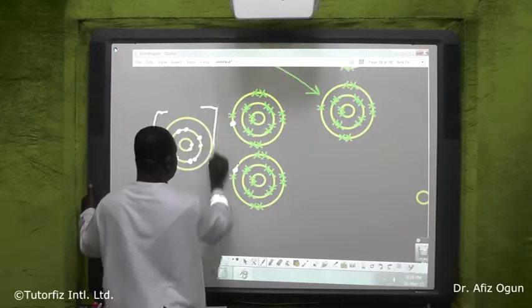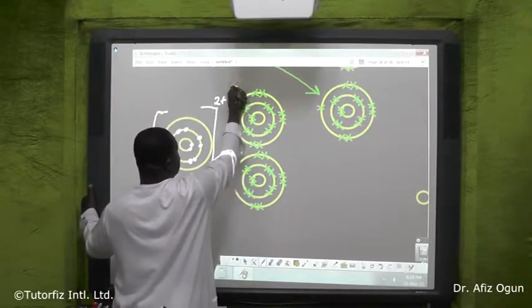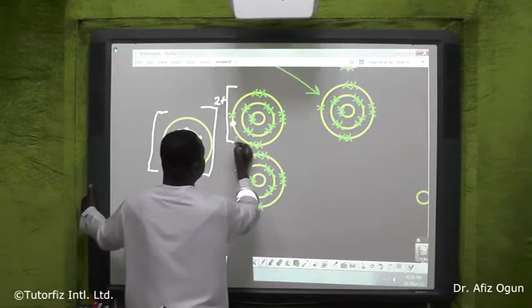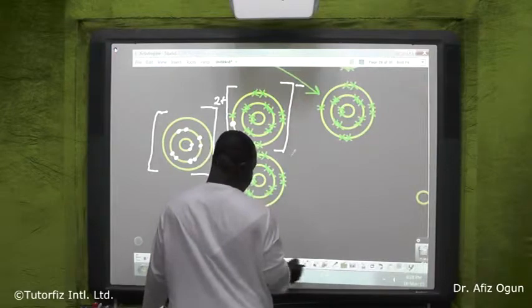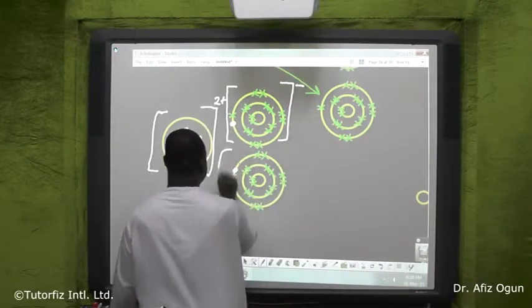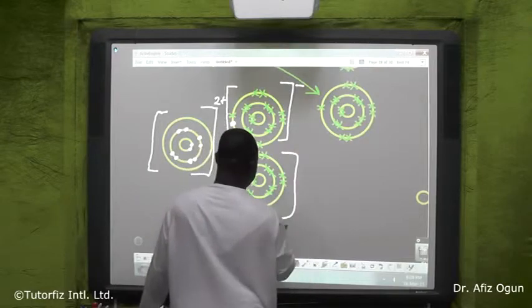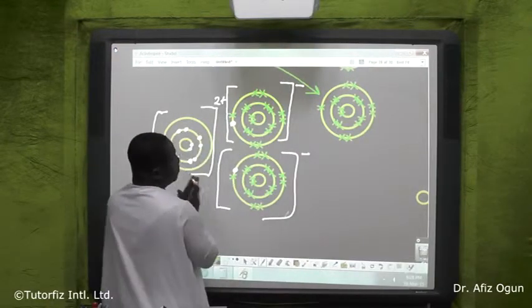Let's make it closer. And this guy has gained an electron. It becomes 1 negative. And this guy has gained 1 electron. It becomes 1 negative.